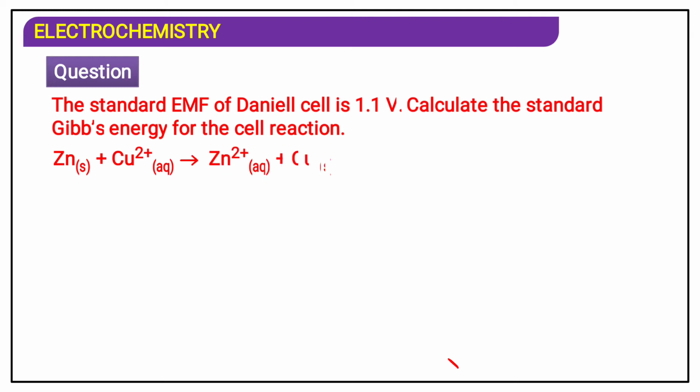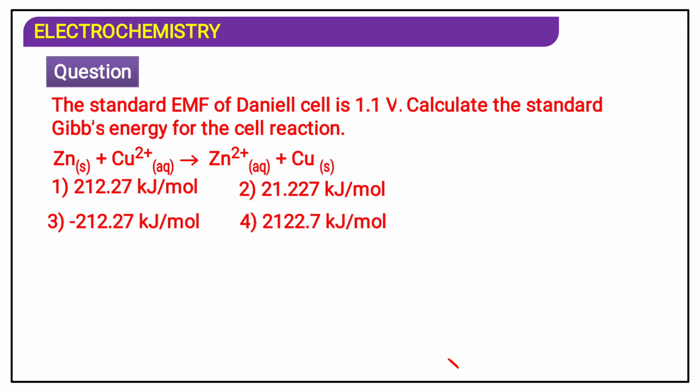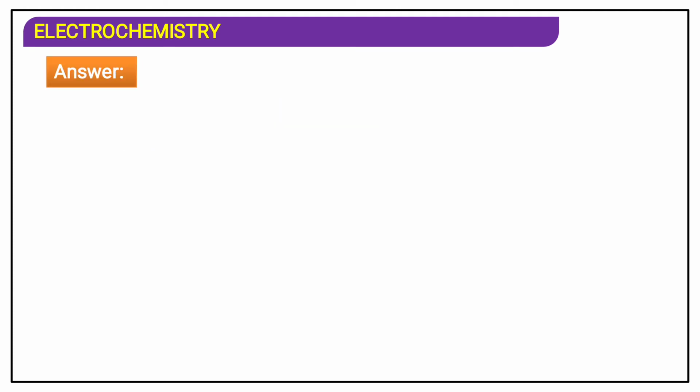They also provide a redox equation, and four options. It is a CET level question. All the options are very closely related, similar to one another. Okay, let us go to solving our problem. How to solve the problem?